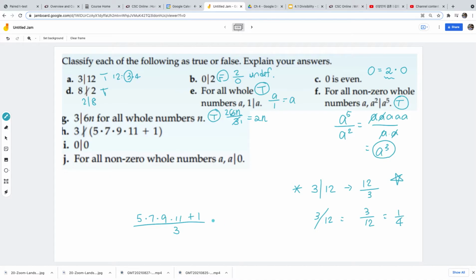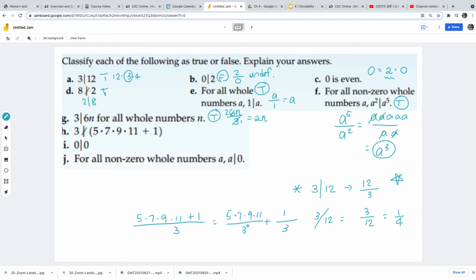So instead, what I'm going to do is separate these two terms, because you have two terms. This term as a product, and add that to this term. So you have both with the same denominator, but this part is 5 times 7 times 9 times 11, and this term is 1 over 3. 1 over 3 is of course not divisible, because 1 is less than 3.